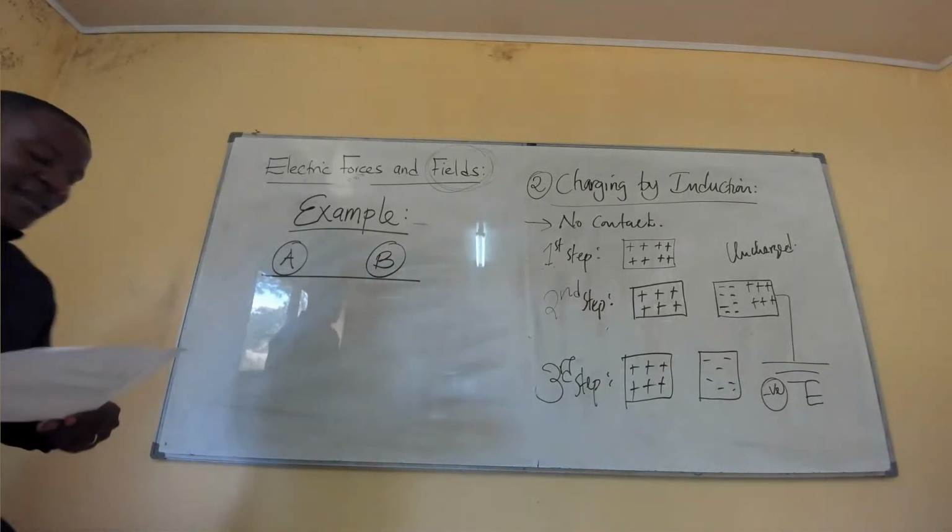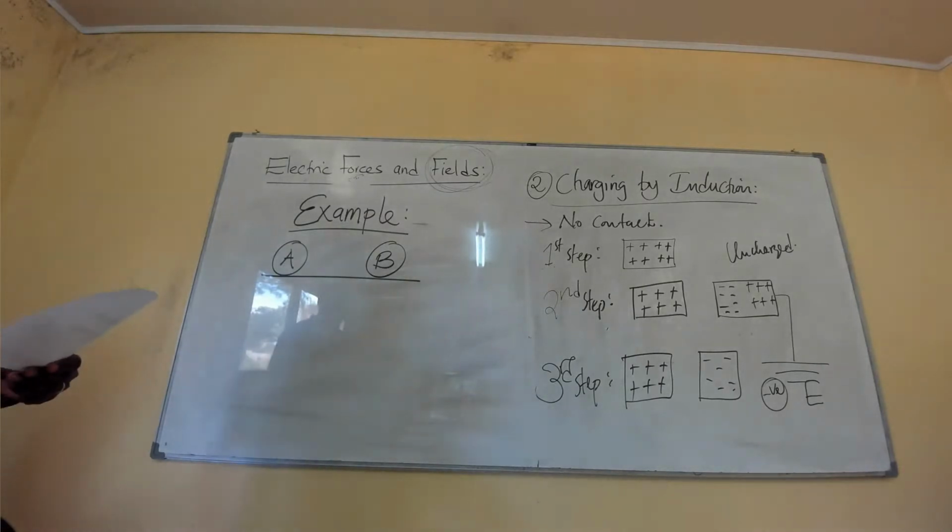A large negatively charged block is placed on an insulated table. A neutral metal ball, which is A, is rolled towards it and stops before it hits the block.